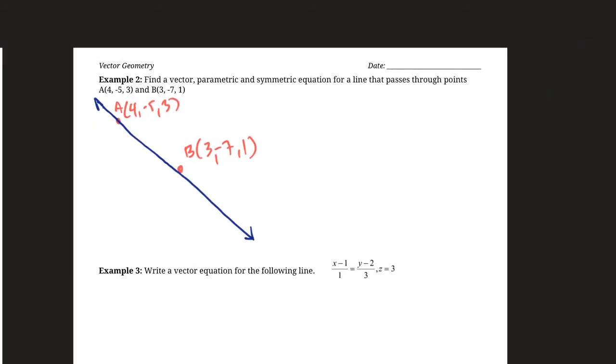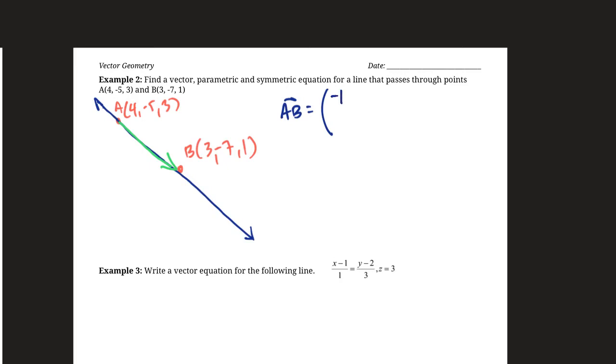How do we find a direction vector between 2 points? Well, we just got to find a vector between those 2 points, right? So for example, if we find vector AB, that is a valid direction vector for that line. We could also find BA, it doesn't really matter, but I'm just going to do AB. So vector AB, we can find that by subtracting the x, the y, the z coordinates. So 3 minus 4 is negative 1.